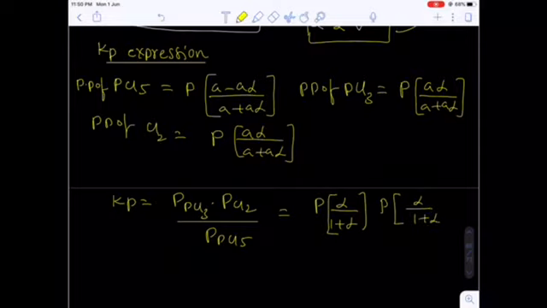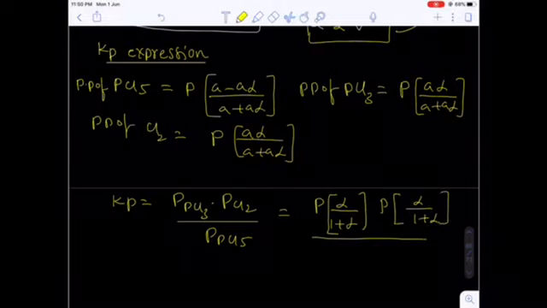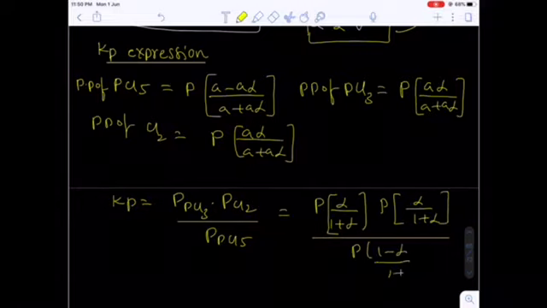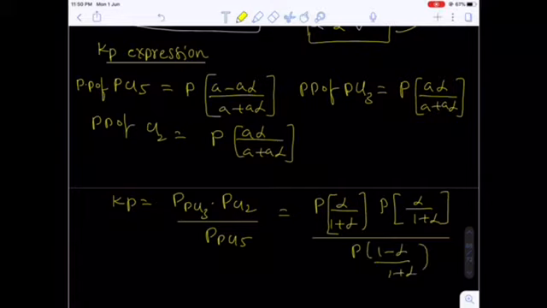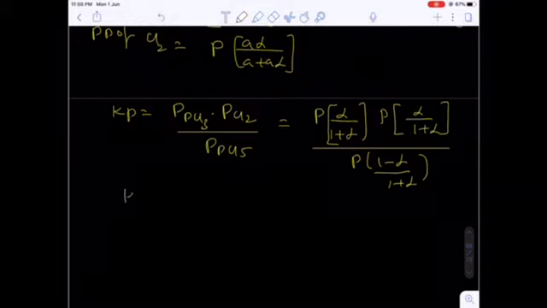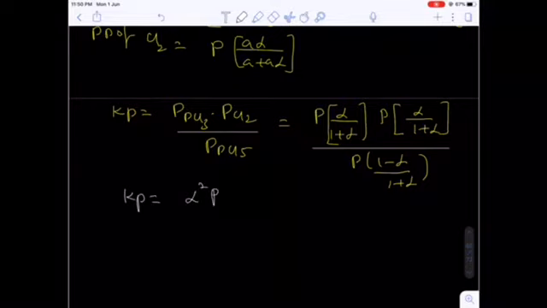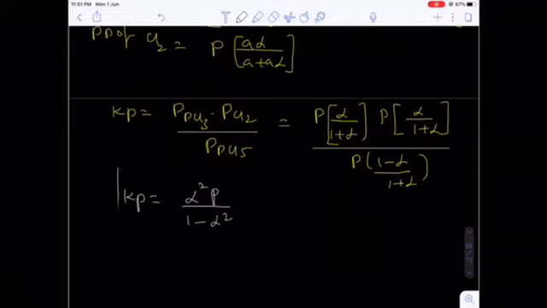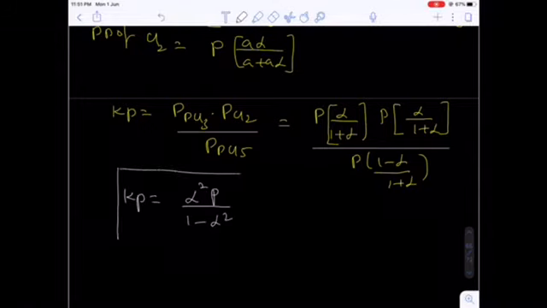Next, the Cl2 partial pressure is alpha by 1 plus alpha into P, whole divided by the partial pressure of PCl5, P into 1 minus alpha by 1 plus alpha. Now P gets cancelled. After simplifying this expression, you will get Kp equal to alpha square P by 1 minus alpha square.